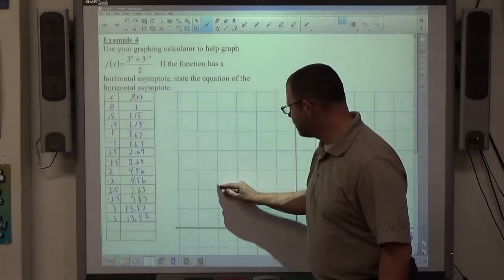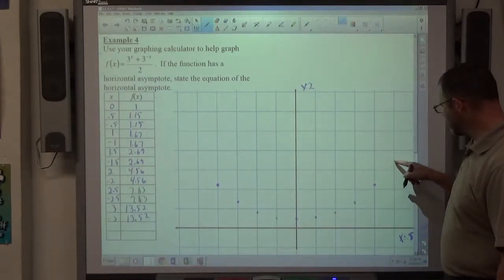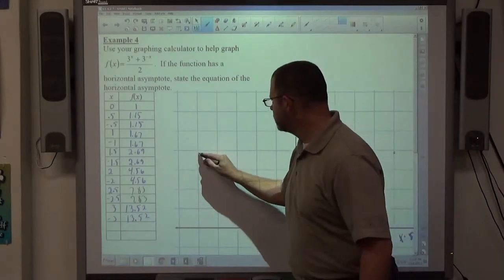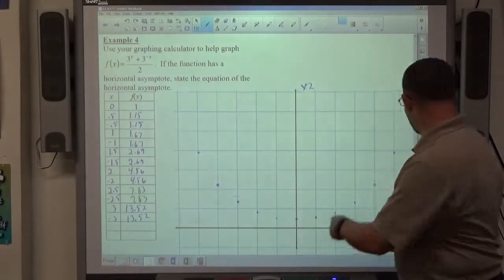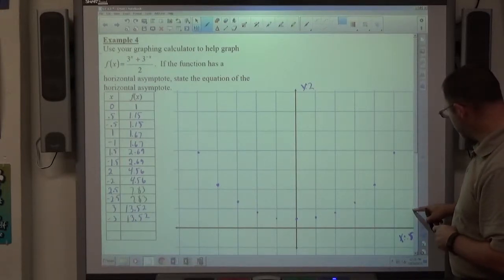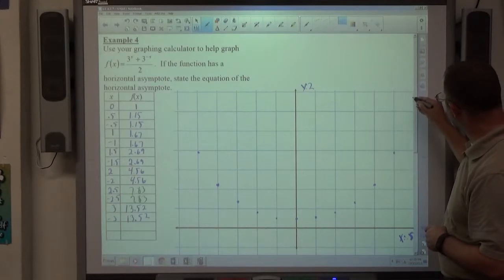Same on this side. 7.83, got 2, 4, 6, 7.83, almost 8, so about there. And I've run out of room on them. Well, I can maybe fit one more. 13.56, so 2, 4, 6, 8, 10, 12, 13 and a half, so about there.